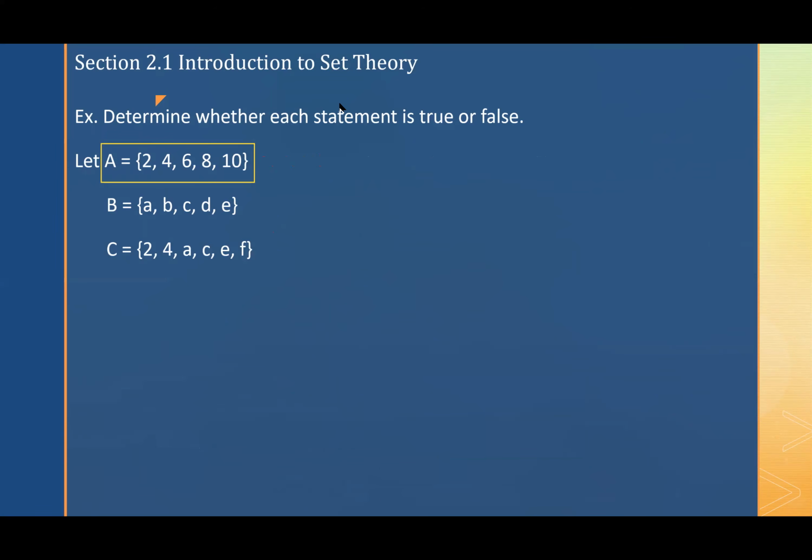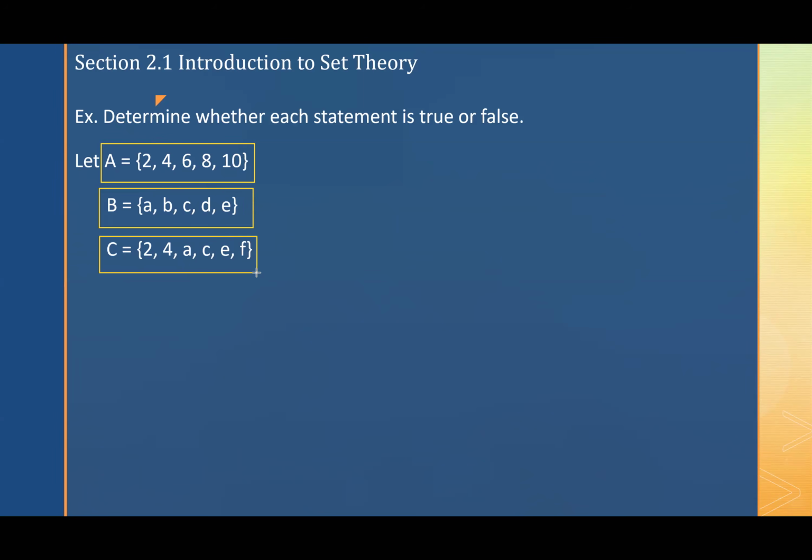I have set B, which contains the first 5 letters of the alphabet. And I have a set C, which contains this. So everybody see that this will be given to you. This can be whatever I want it to be. In this case, I have numbers, I have letters, I have both numbers and letters, right?